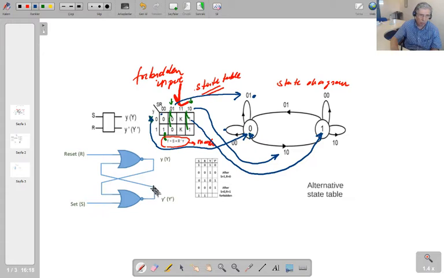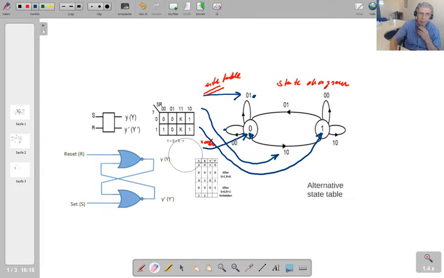The output of this NOR gate is connected to the input of another one, so another feedback here. On the other hand, how can I say that this is not a combinational circuit but a sequential circuit? Look at this column here. The input is 0, 0 here, but the output is 0 or 1. That means for the same input, you do not get the same output.